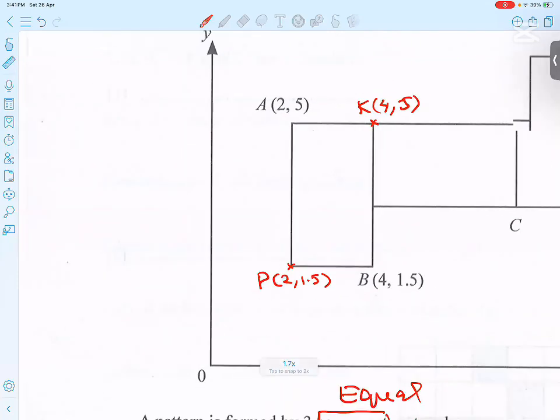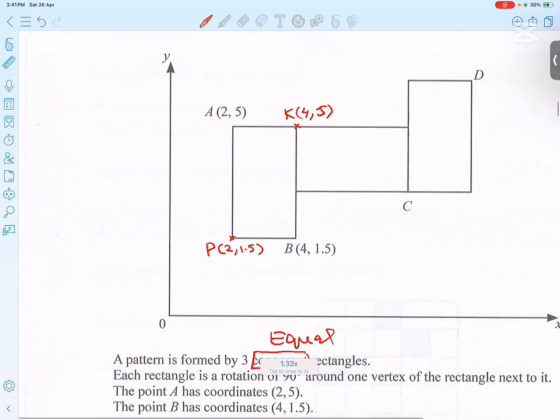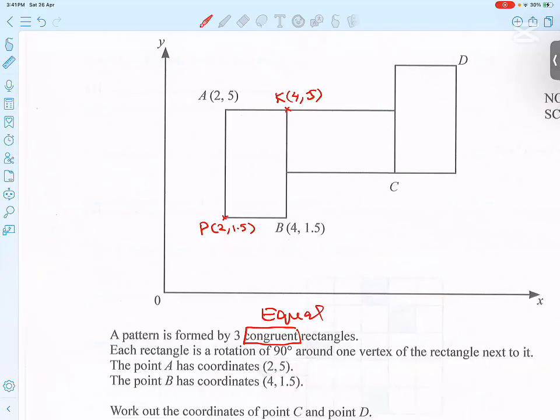Now, students, when I have labeled it, I can plan how to shift from here to this. Common sense, if I keep this K as the vertex, I'm putting a dot here. This is the vertex. So this point will rotate and go here, this point will go here, and this point will go here.